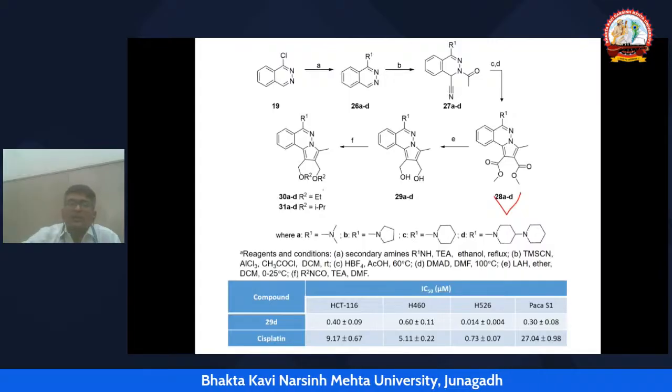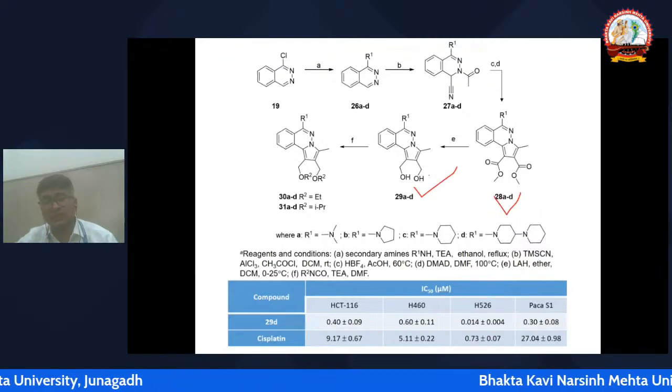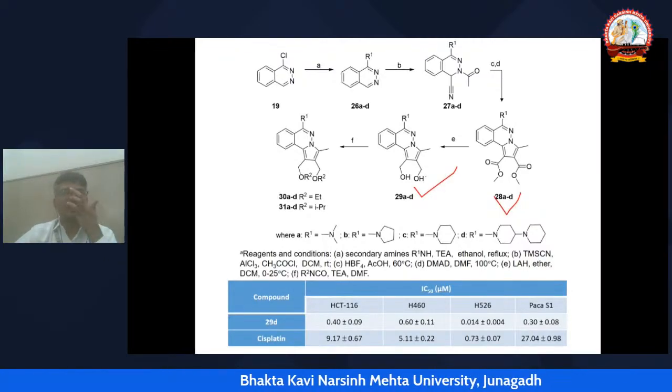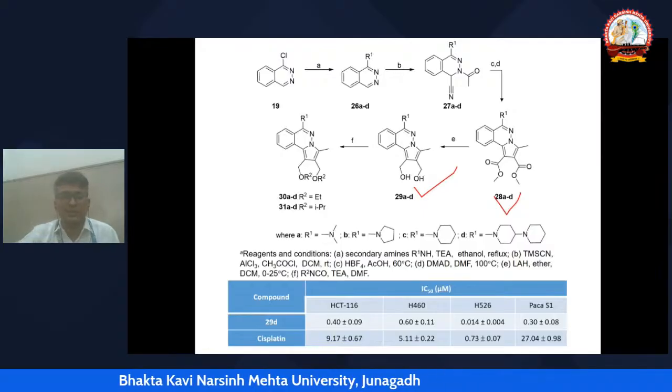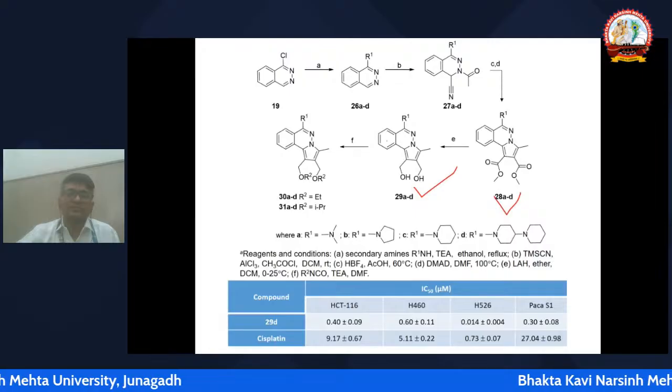ether, and this is our targeted molecule because it also interacts with the DNA and produces a DNA adduct, as we have seen in an earlier slide that IPP interacts with the DNA through DNA cross-linking and produces a DNA adduct.